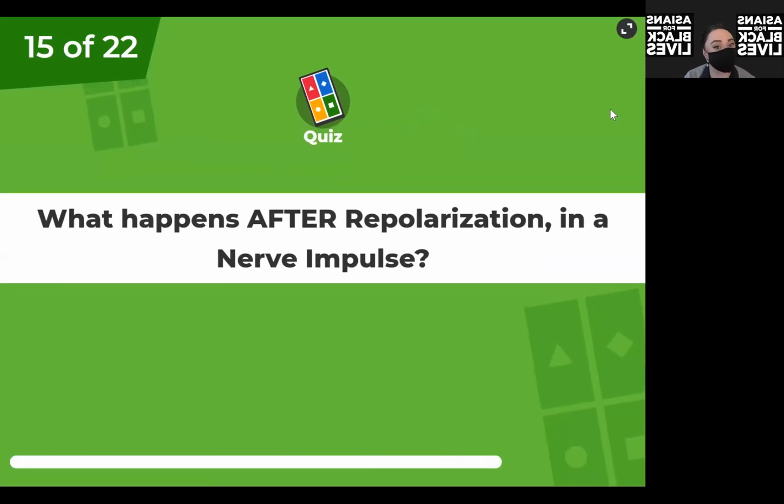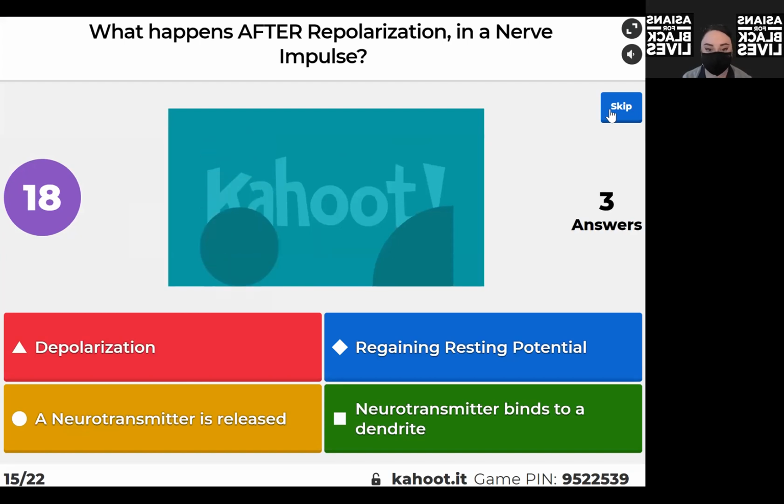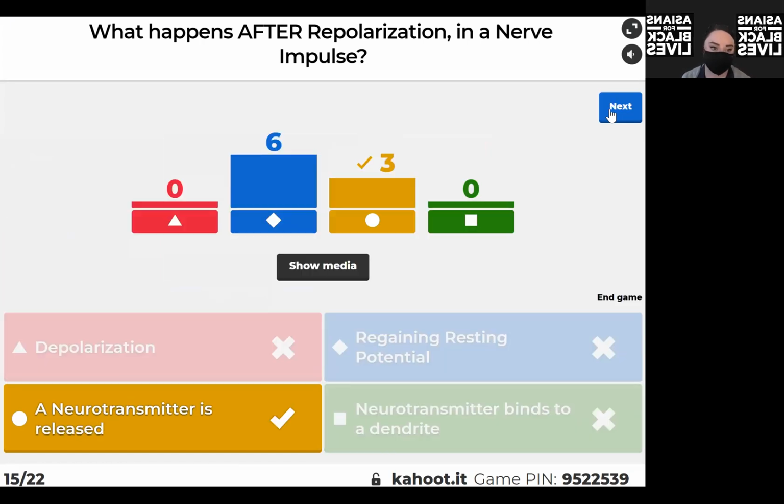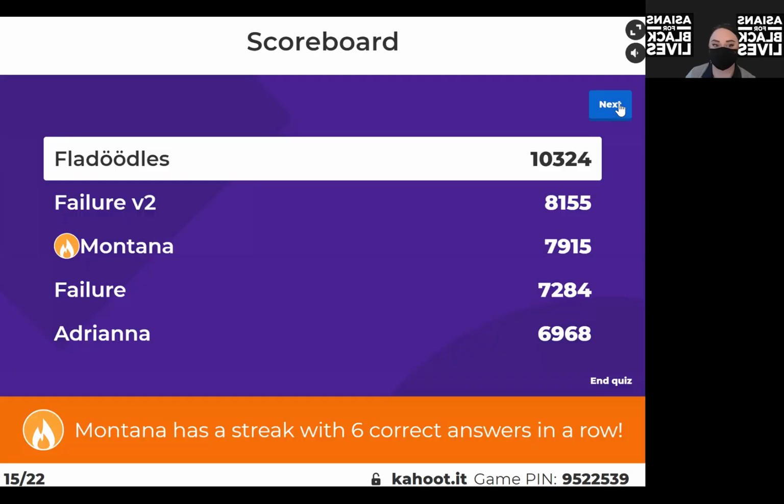And what happens after repolarization? Good. A neurotransmitter is released from the axon terminals.